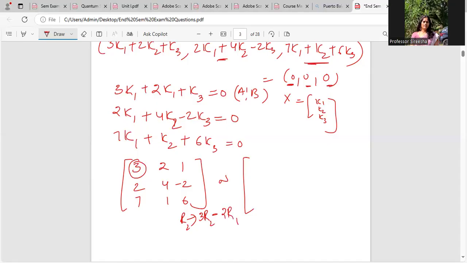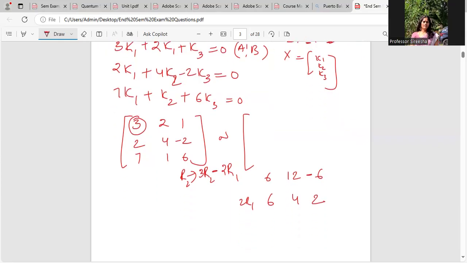How does that look? 2R1 would be 6, 2 2's 4, and 2. 3R2 would be 6, 3 4's 12, and minus 6. I'll be subtracting, as I've written in the operation. So 6 minus 6 is 0, 12 minus 4 is 8, minus 6 minus 2 would be minus 8. So 3, 2, 1 is my first row, with no change. The second row has become 0, 8 and minus 8.